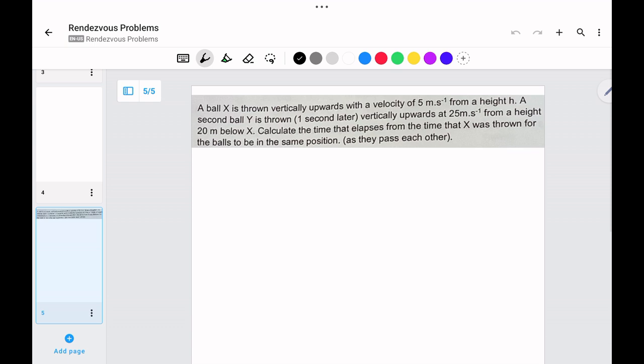A second ball Y is thrown 1 second later vertically upwards at 25 meters per second from a height 20 meters below X. Calculate the time that elapses from the time that X was thrown for the balls to be in the same position as they pass each other. Okay, so again, we notice we don't know where they meet, we don't know when they meet either. So this is a problem of the same type.